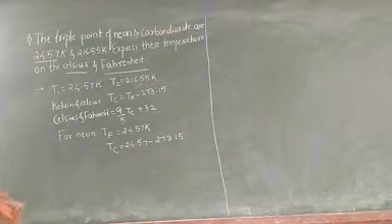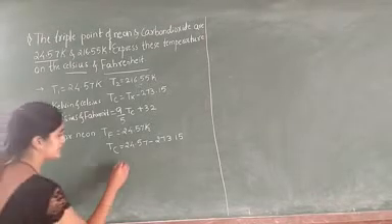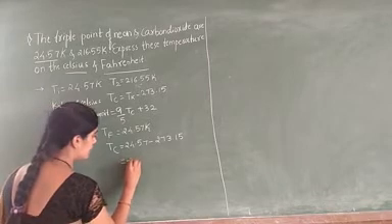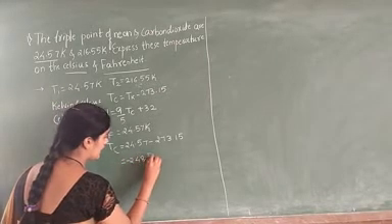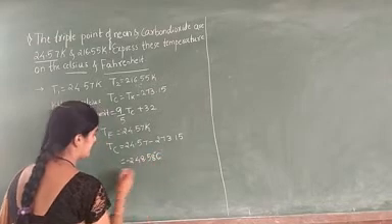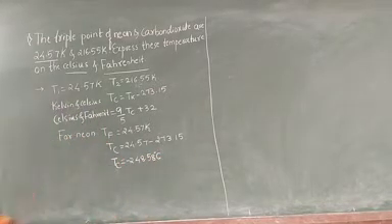The total answer of 24.57 minus 273.15, we are getting as minus 248.58 degrees Celsius for the neon.